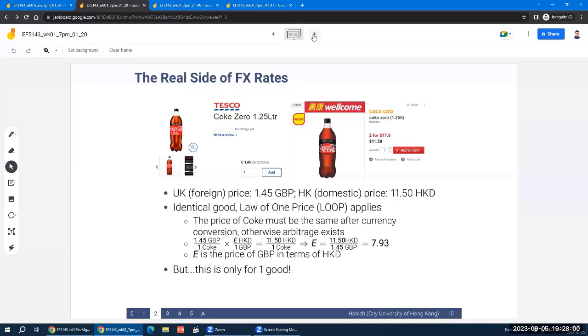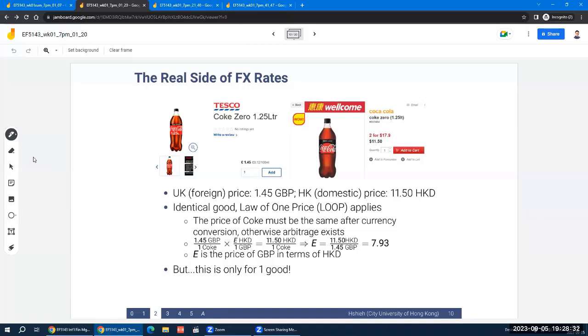On the right-hand side, we have the same bottle of Coke Zero, also 1.25 liters, but it's sold at Hong Kong dollars 11.50. Two different prices, quoted in two different currencies, obviously. The law of one price says after currency conversion, the price should be the same. So let's use that concept to back out the price of a certain currency, in this case, British pounds.